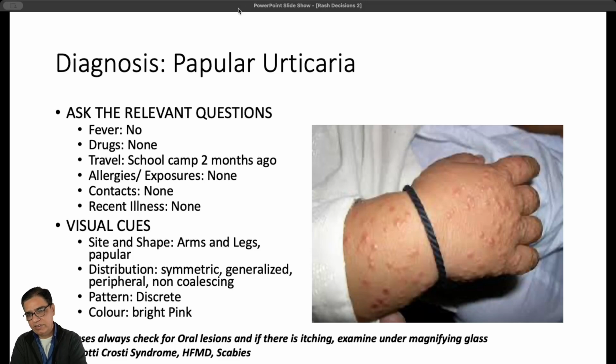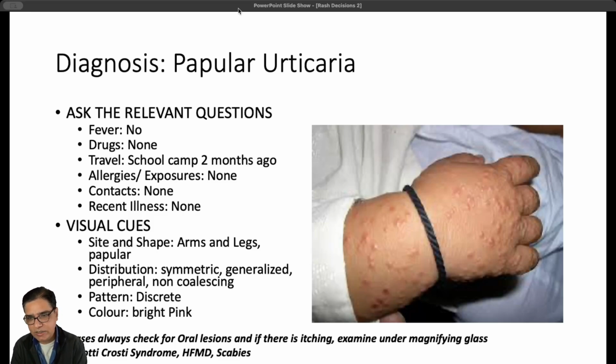So look at this child. This child has got a papular rash predominantly on the hand, on the wrist. You can't see the other one, but usually it's generalized. But this one is non-itchy. The previous one was itchy.